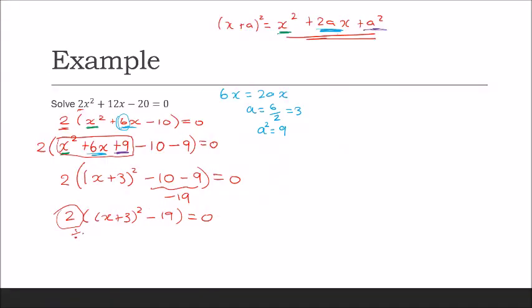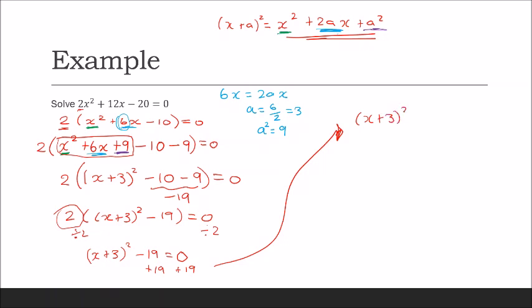So I divide by 2 on both sides, and that gives me (x plus 3) squared minus 19. Now 0 divided by 2 is also 0. And then I can add 19 to both sides. So what I have now is (x plus 3) squared is equal to 19.